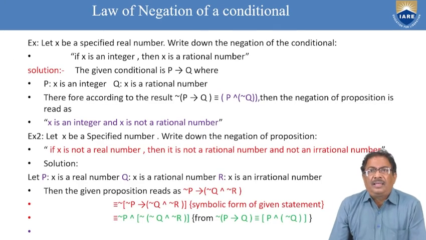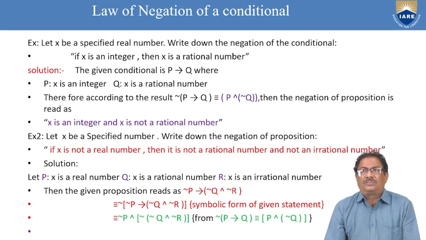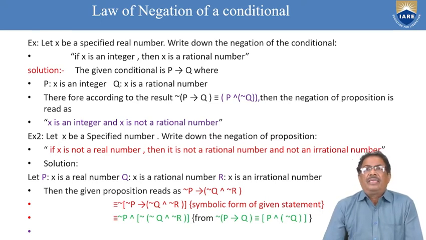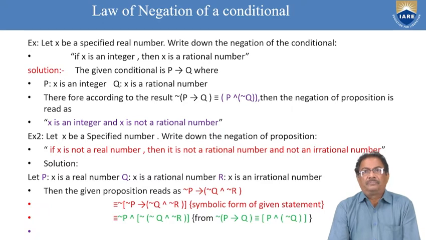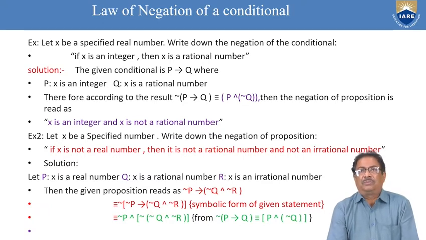Now, some examples, one more example. Let us say X is a specified real number; write the negation of the condition. If X is an integer, then X is a rational number.